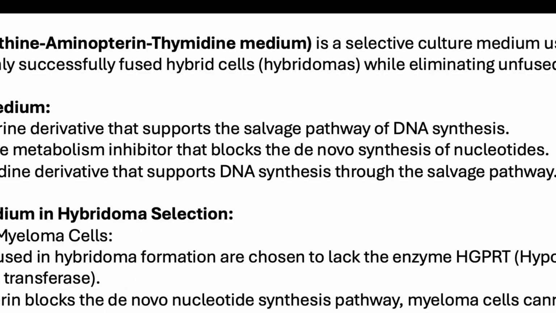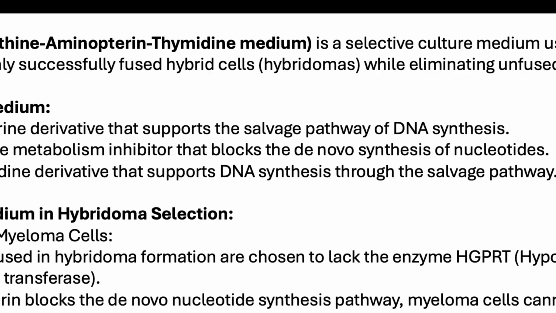However, unfused B cells have a limited lifespan and eventually die out since they cannot continuously divide. The B cell has another limitation: it is not cancerous. After a few divisions, the B cell will die. So now we have a method to select for fused cells. Myeloma cells can divide indefinitely, but they cannot survive in the presence of aminopterin without HGPRT. B cells will divide for a few divisions and then die off.